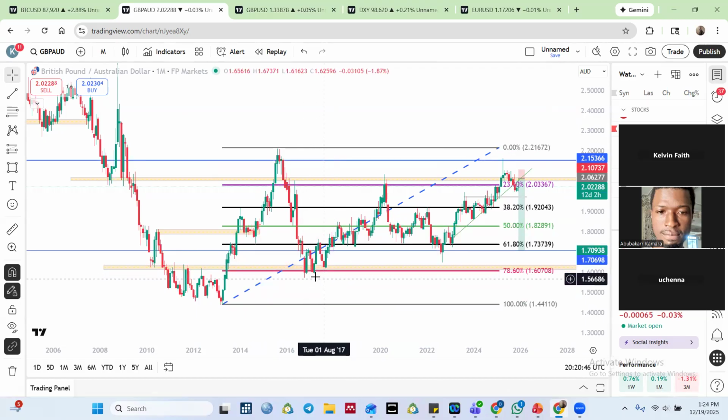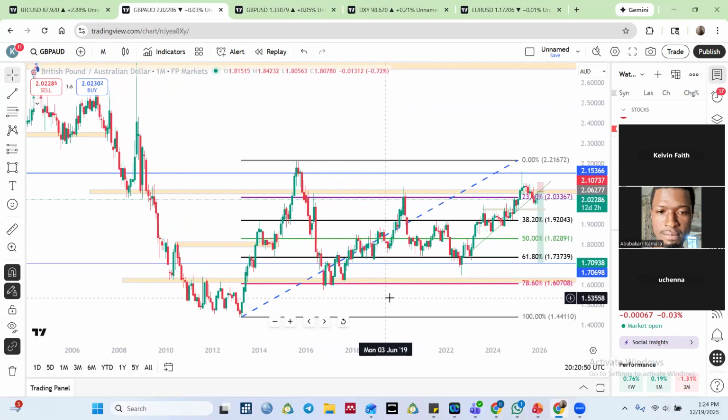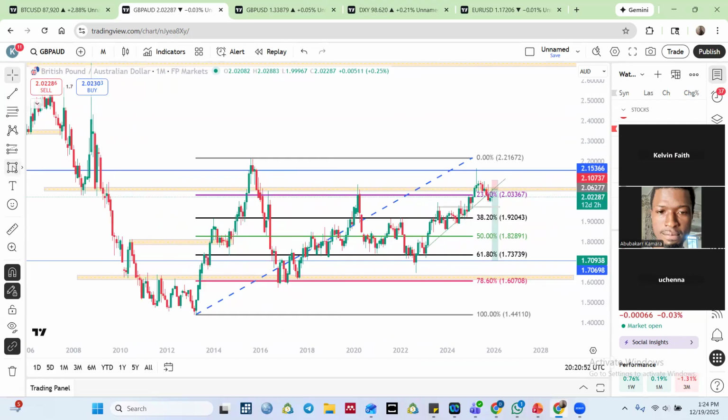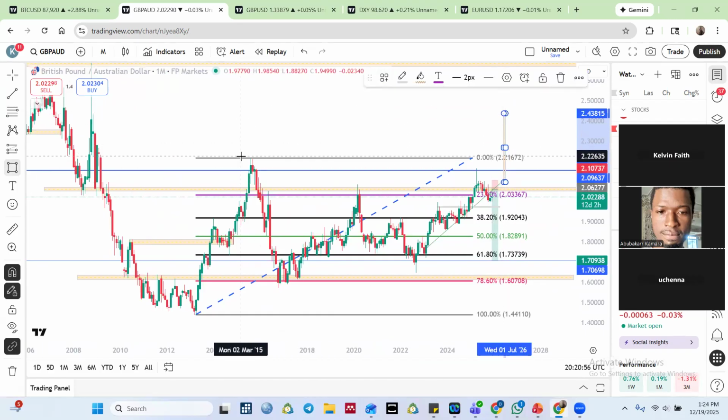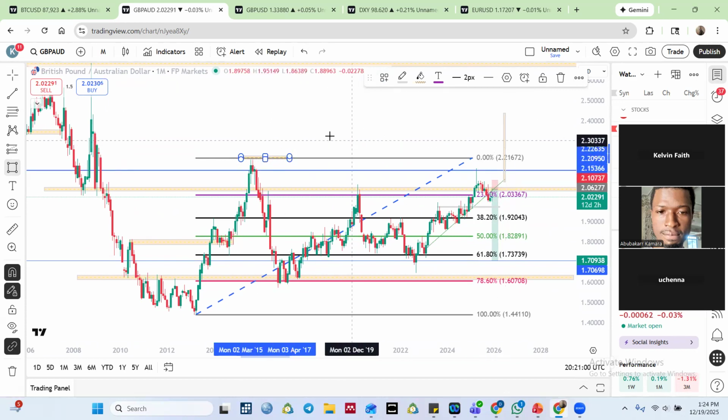Do you all see that? Which is discount. Now, from the 78.6%, we should expect price to make a new high to break this high. This will mean we have a second break of structure.